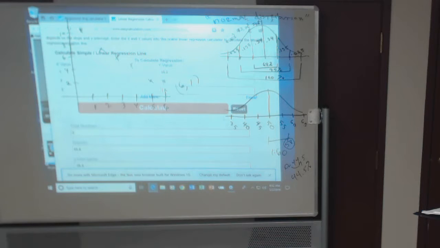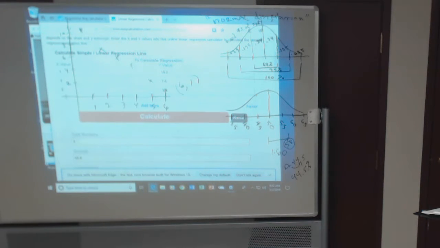Add more. X is 4, and y is 4.4. Add more.